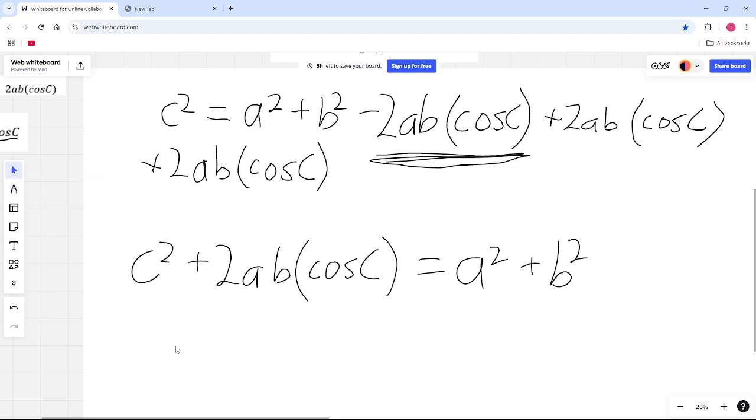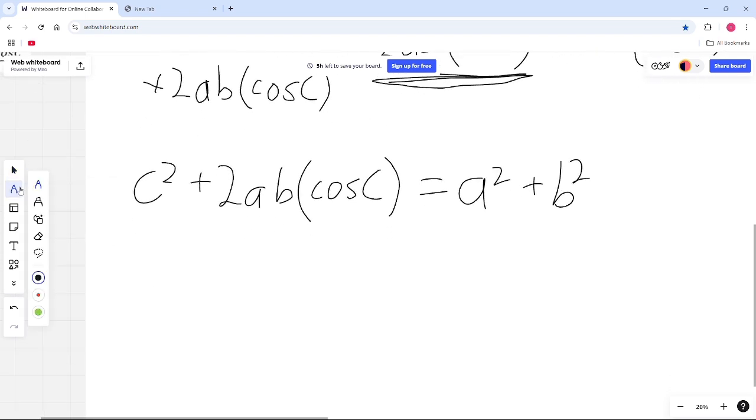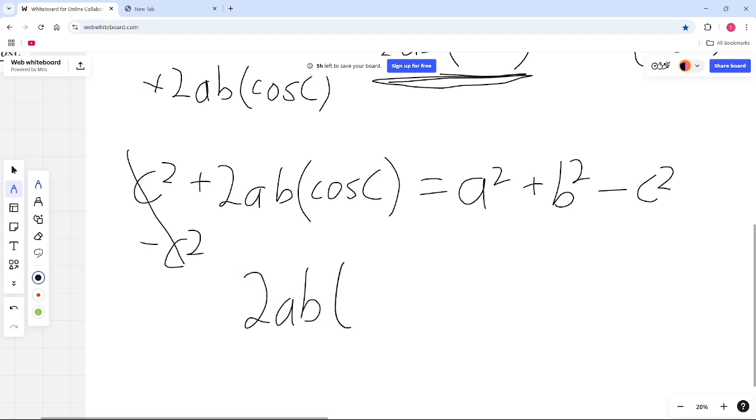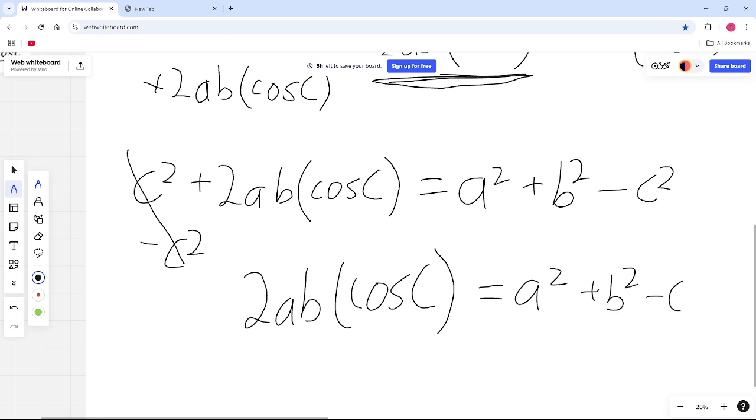Now what you will do is you'll subtract C squared, or side C squared, and you do the exact same operation on the other side. So these two terms would subtract out. Now you're left with 2 times A times B times cos C is equal to A squared plus B squared minus C squared.